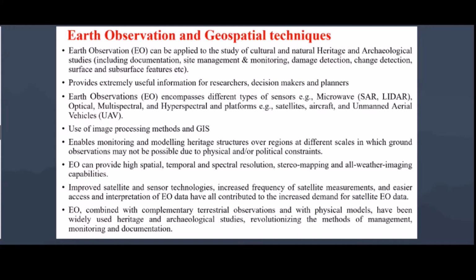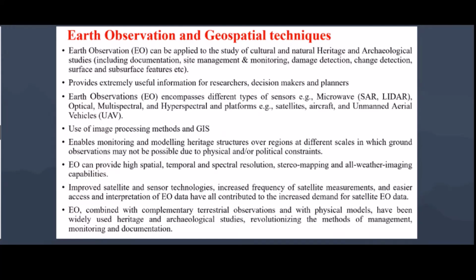The other big advantage of Earth observation data is that it provides high spatial, temporal, and spectral resolution data. So I can get very high spatial resolution data, which will help me to see the features at different levels of detail. I also get temporally varying data, that is, at different time periods, so that we are able to monitor at different times and do a change detection kind of study.